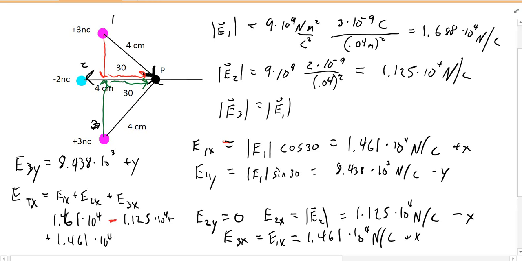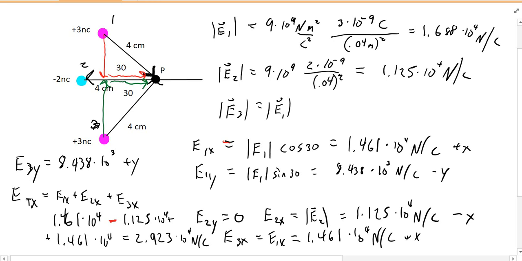Okay, and then if you add all of those up, you get that the total x component is 2.923 times 10 to the 4 newtons per coulomb.